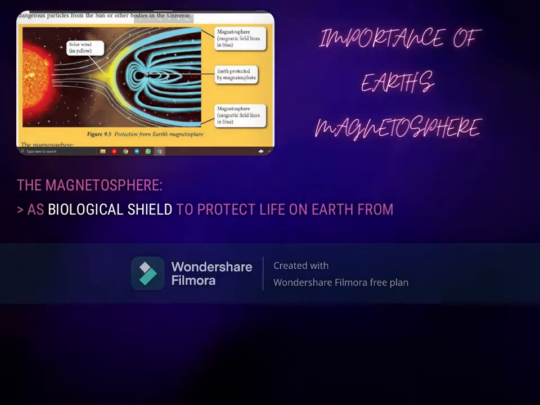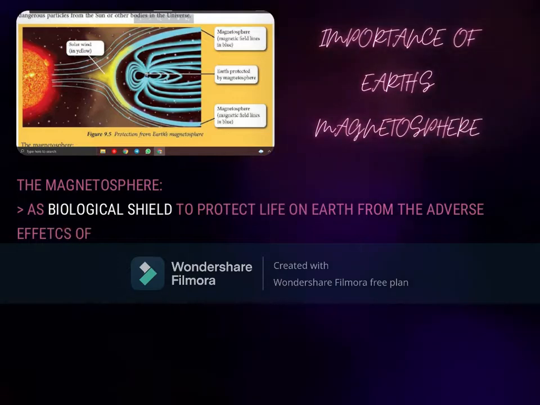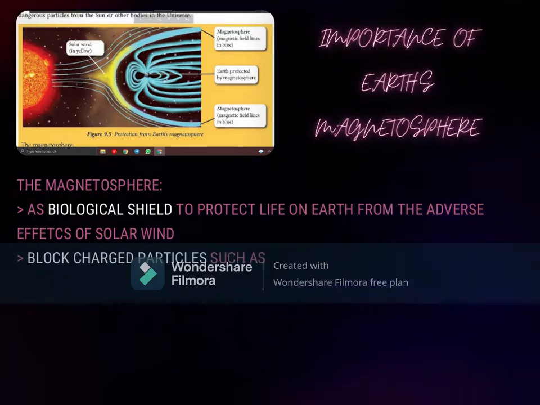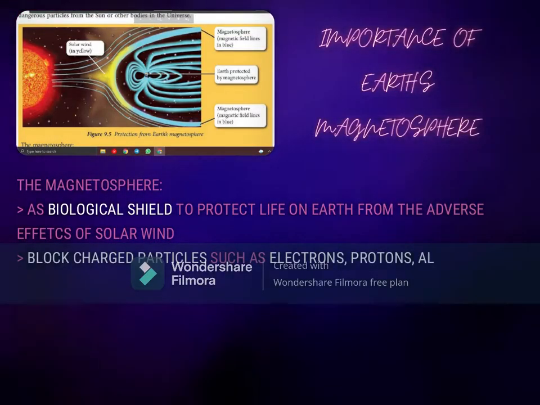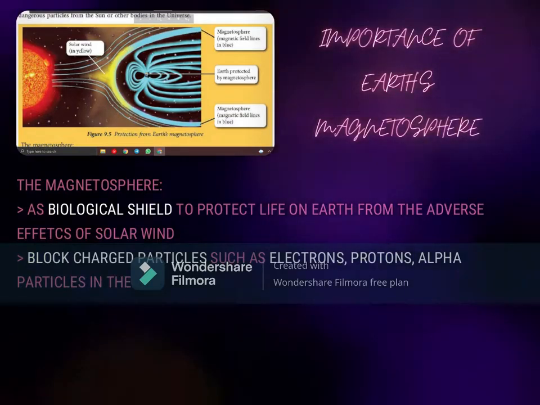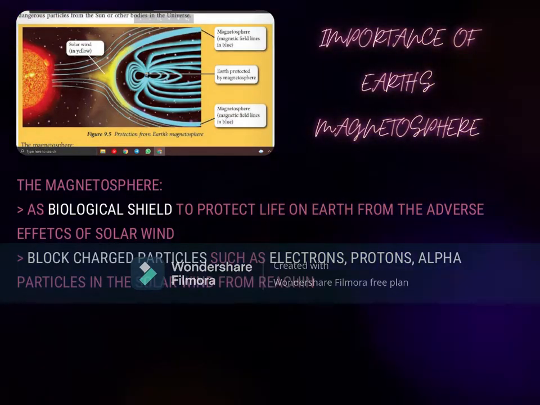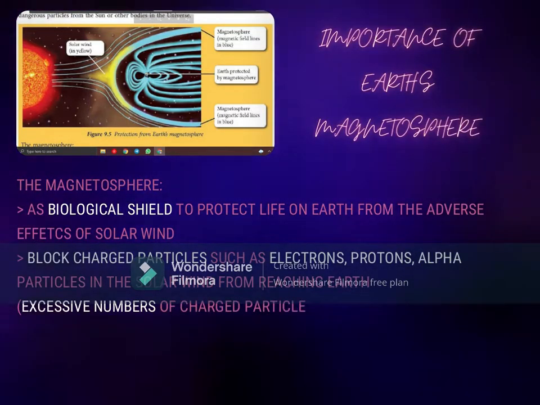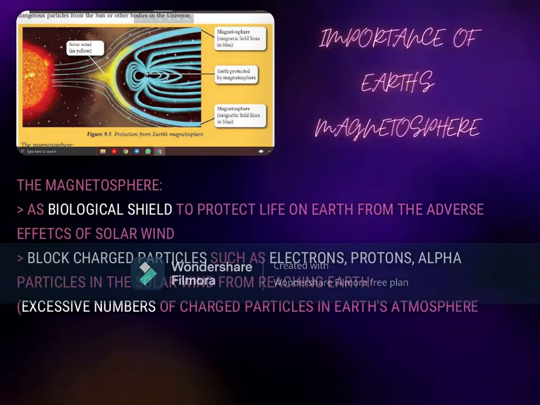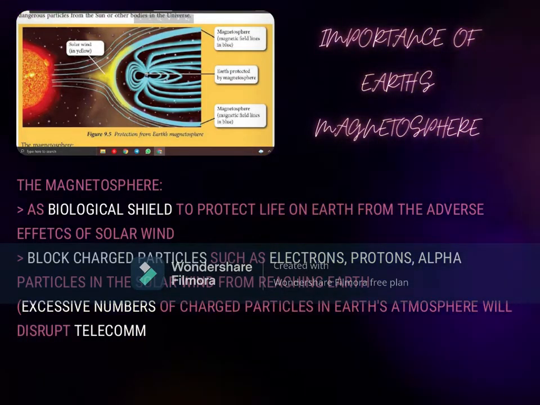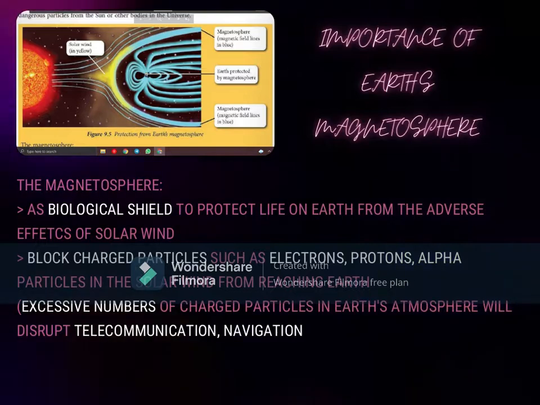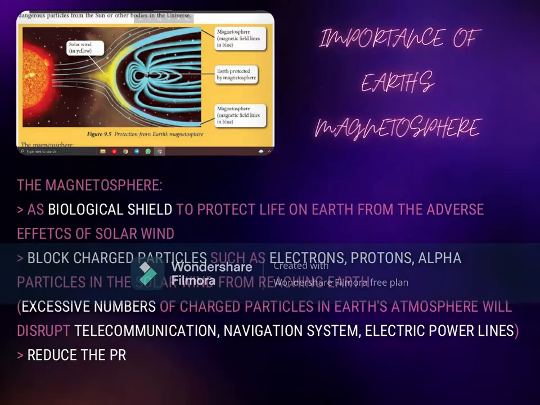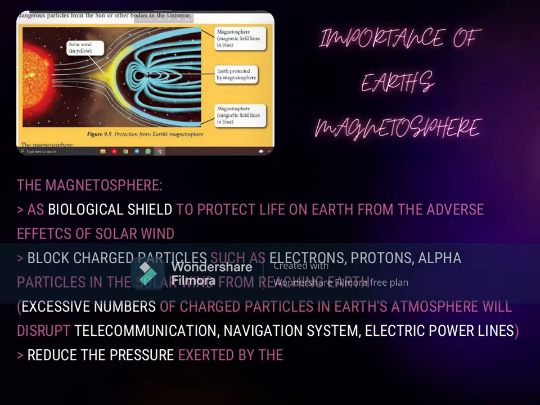Next, the importance of Earth's magnetosphere. The importance of Earth's magnetosphere is to protect Earth from the adverse effects caused by dangerous particles from the sun or other bodies in the universe. The function of the magnetosphere is as a biological shield to protect life on Earth from the adverse effects of solar wind. The magnetosphere also blocks charged particles such as electrons, protons and alpha particles in the solar wind from reaching Earth.